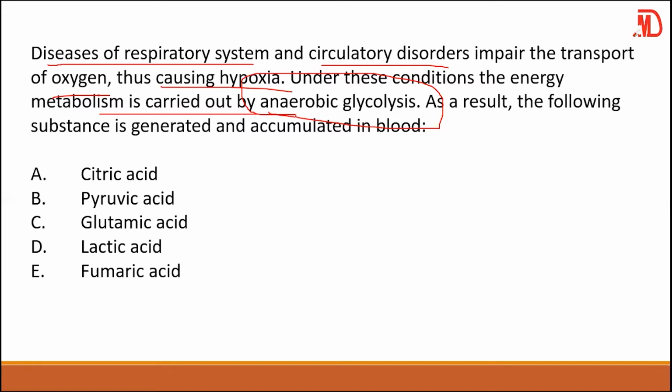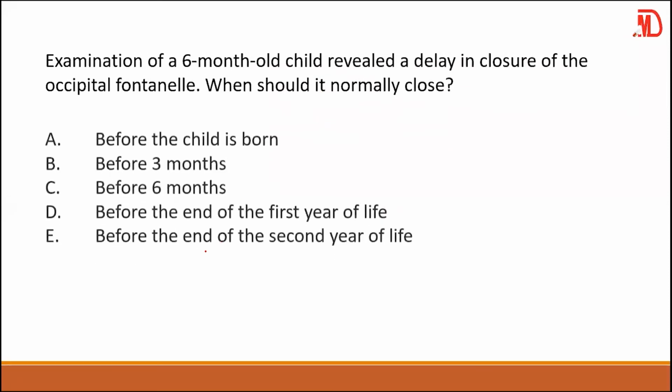Guys, I've said countless times, anytime you are having anaerobic glycolysis, what is the end product? Who can tell me? Lactic acid. You guys are too good. So your answer is D. This I don't need to worry about.